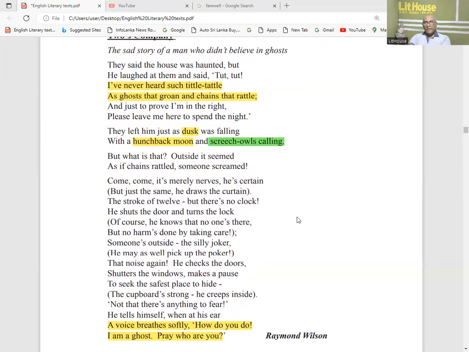Irony. Irony is a technique commonly used in stories, and rarely used in poetry.